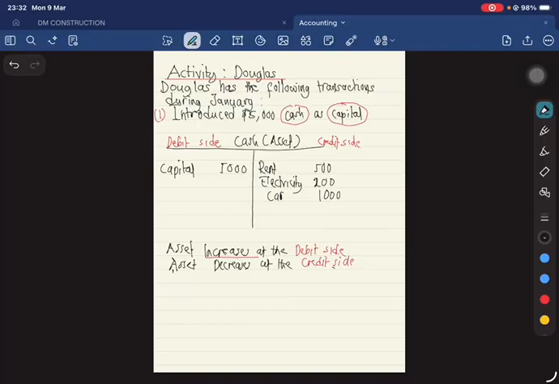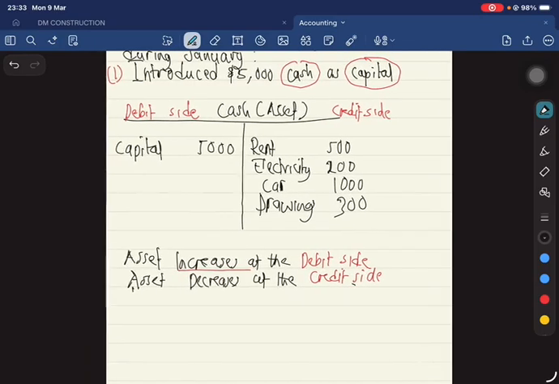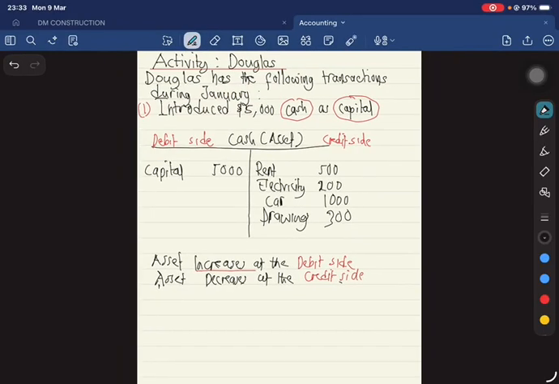It's also going to decrease as a result of drawings, $300. So when we debited the drawings account, you realize we credited the cash account.